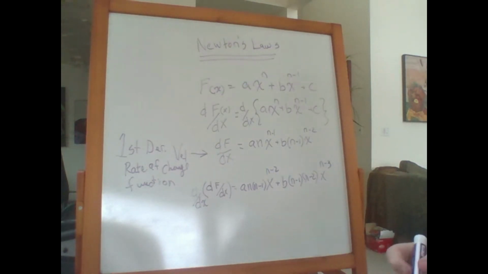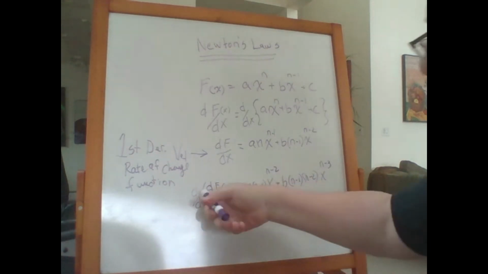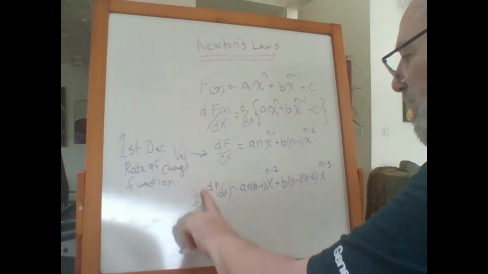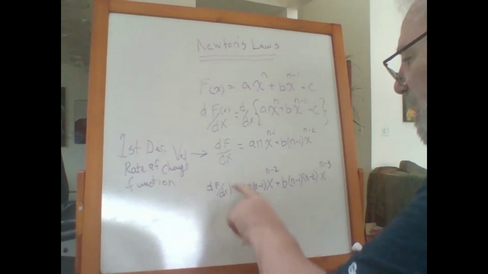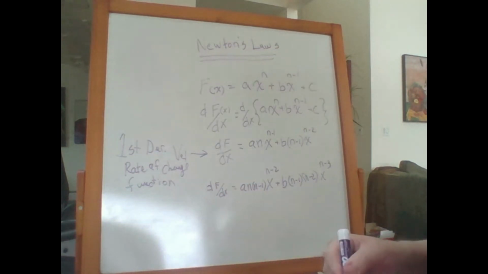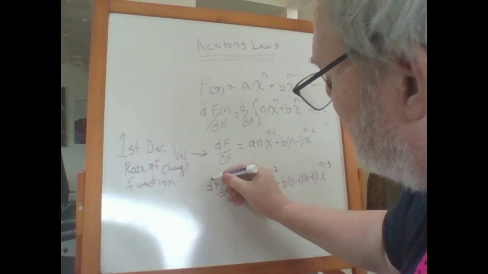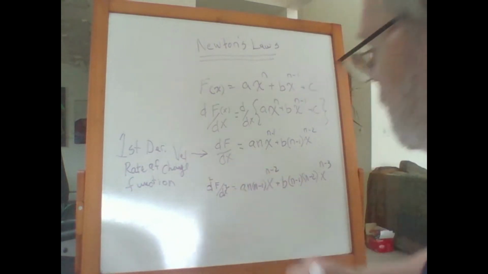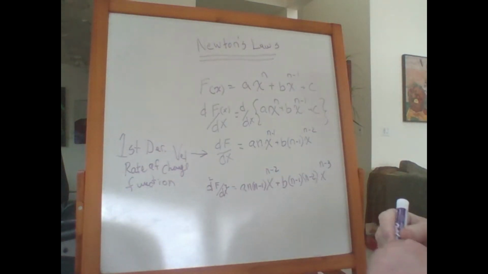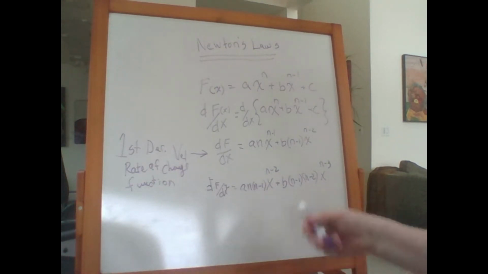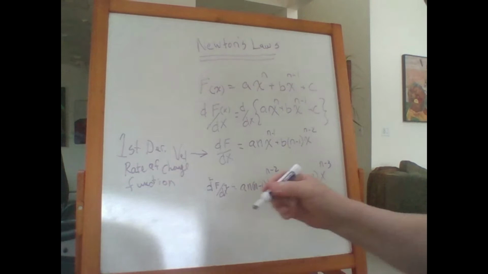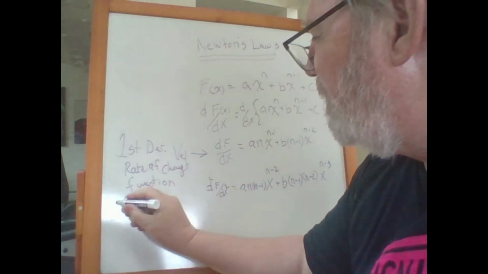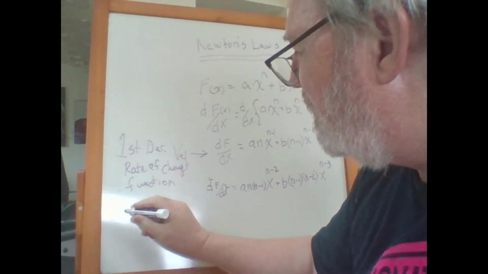This second derivative, which can be written like this, d squared f over dx squared, is equal to this. This is the second derivative.